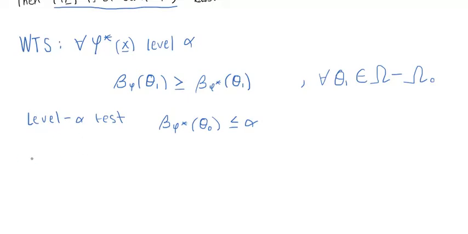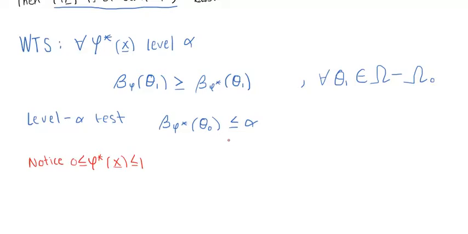So going to the proof, we first want to notice, or just call attention to, that phi star of x is always going to be between 0 and 1.